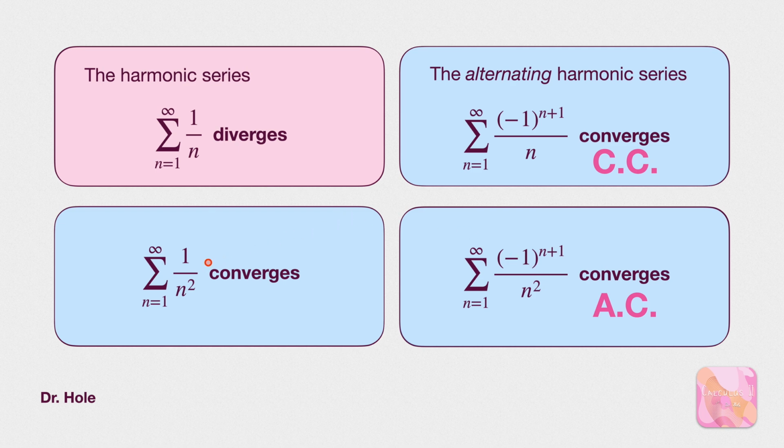But in fact, if we put absolute values on the terms, we're still left with a series that converges. Thus, this alternating series is absolutely convergent. All right. So absolute versus conditional is looking at whether the convergence is strong or weak. Strong in the case of absolute convergence and weak in the case of conditional convergence.